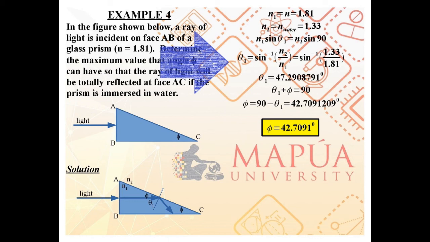Now, total internal reflection happens according to the problem, so theta 2 will just be equal to 90 degrees, and we are able to calculate theta 1 to be 47.290871 degrees. And knowing theta 1, we can now calculate phi to be 42.7091 degrees.